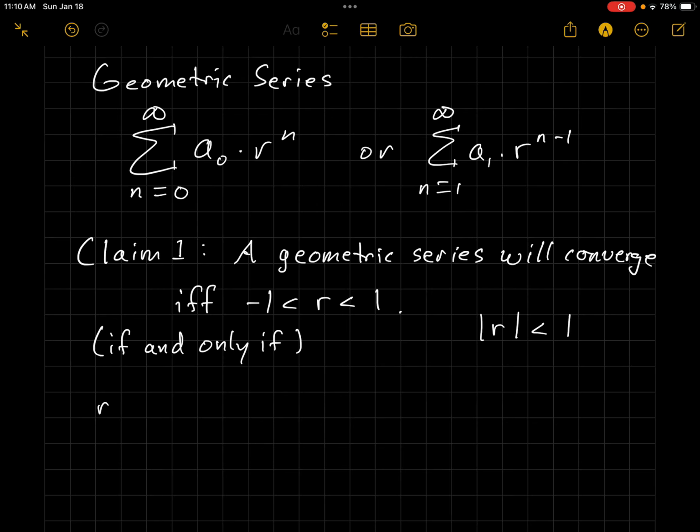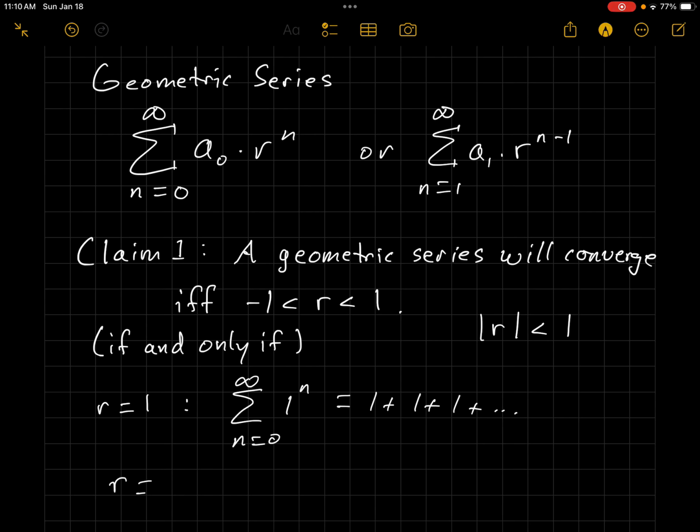What if r equals 1, for example? Let's do a couple quick ones. If r equals 1, and let's say we have just simply 1 to the n, that's 1 plus 1 plus 1 plus forever, and that certainly doesn't converge to a finite number.